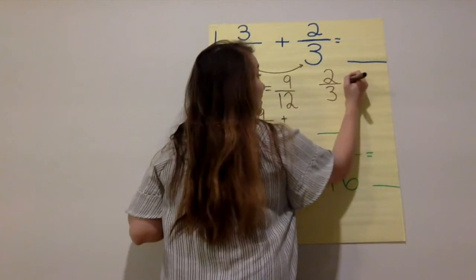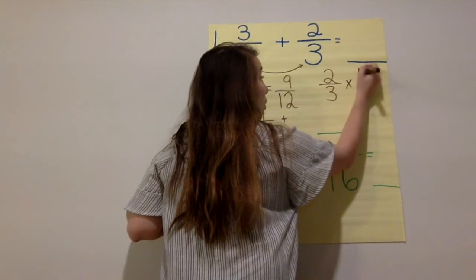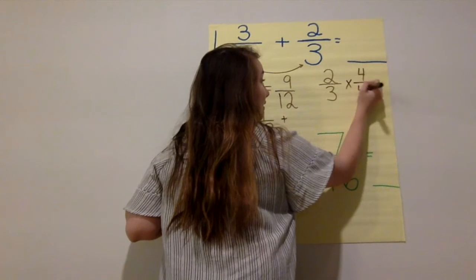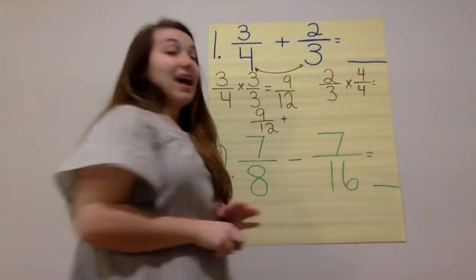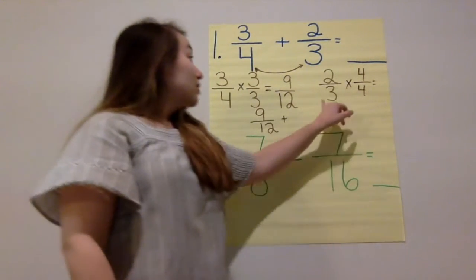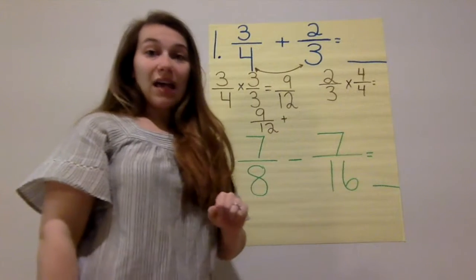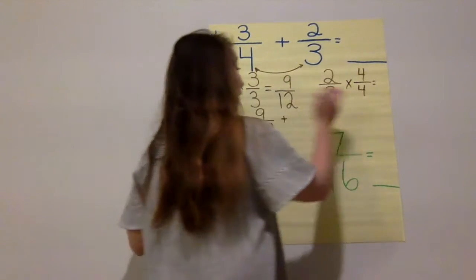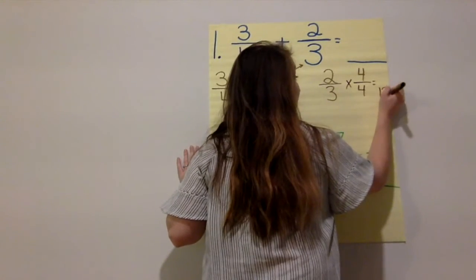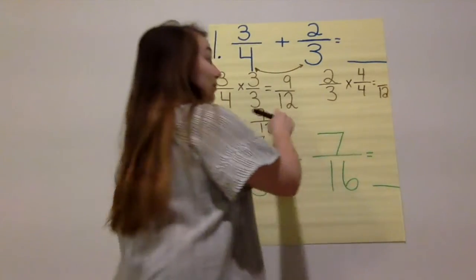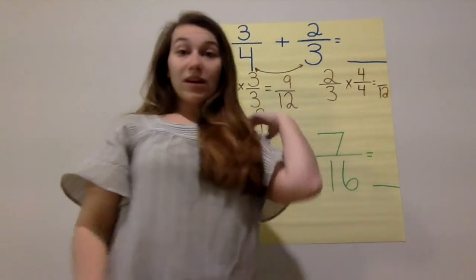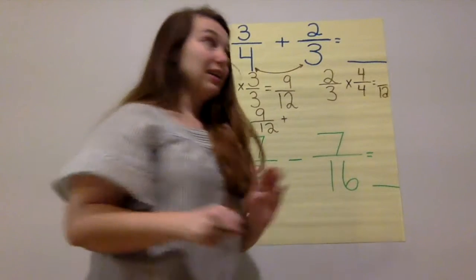So 2/3 times 4/4. We got to figure out what that equals. So 3 times 4 gives us 12. Same thing over here. And then 2 times 4 gives us 8.